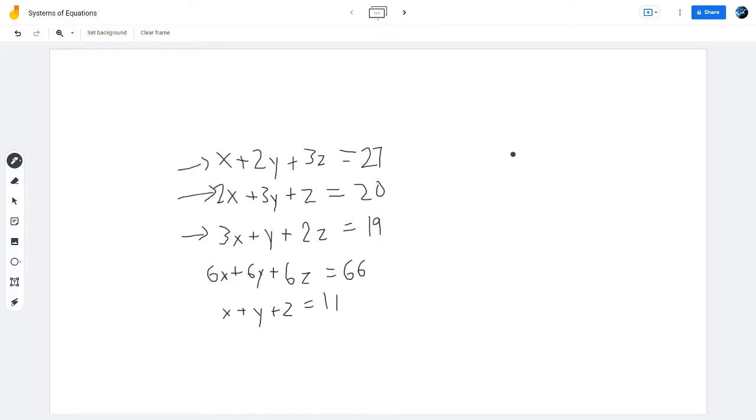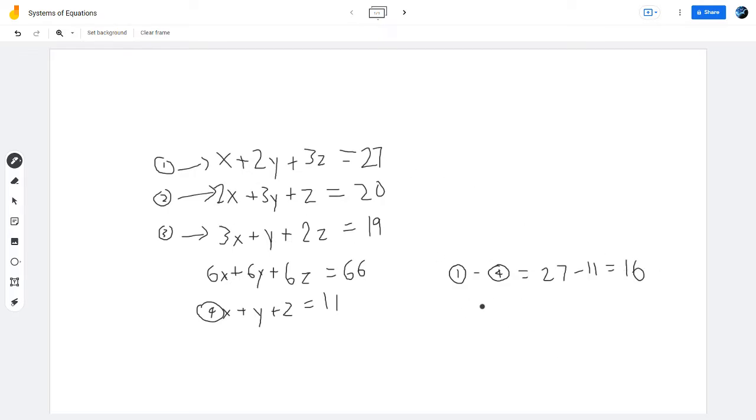The good thing about this is now we can use this to subtract some stuff from our equations. So if we do, for example, the first equation minus this equation, let's call this equation 4, and call these 2, 3. Then equation 1 minus equation 4 is equal to 27 minus 11, which is equal to 16.